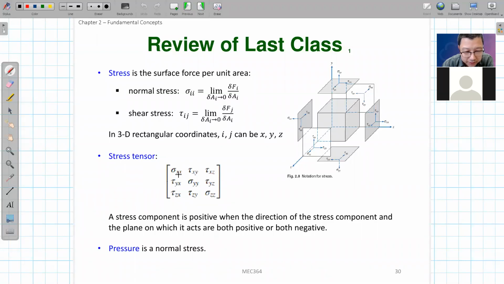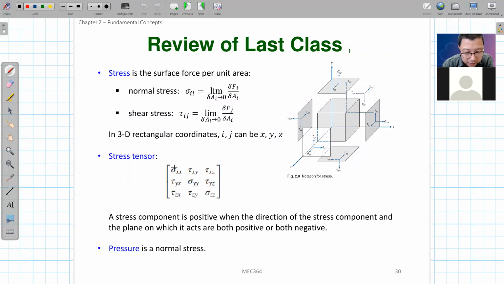Sigma x will be the normal stress, and you will have tau xy and tau xz as the shear stresses. The second row will be the stresses on the y plane across that local point, and the last one will be the stresses on the z plane across those local points.